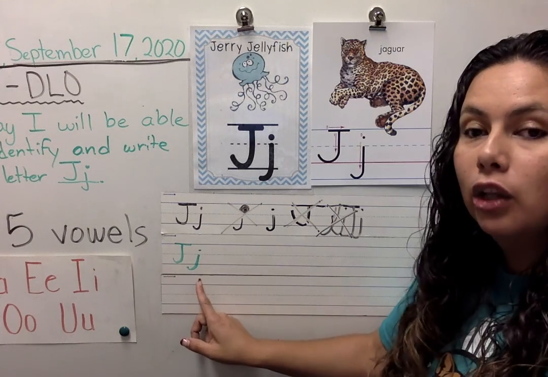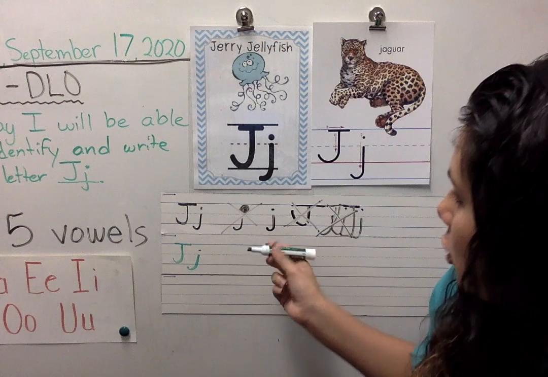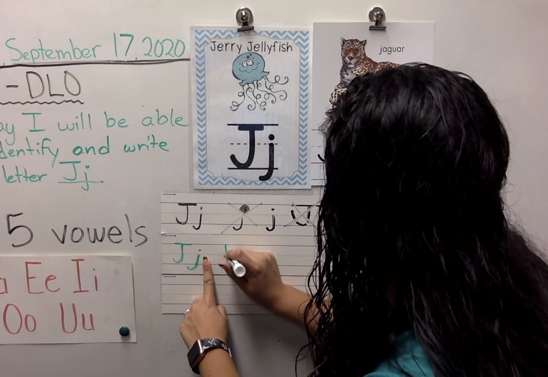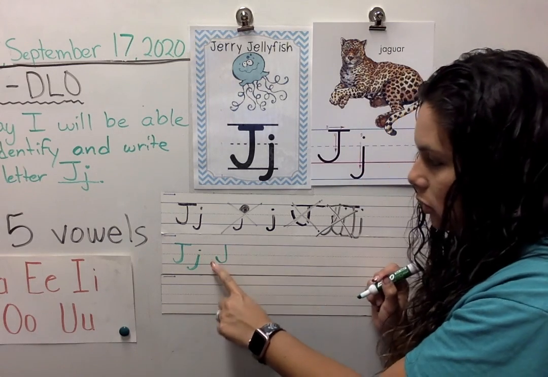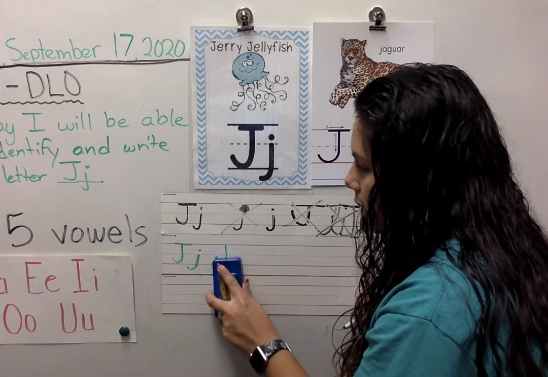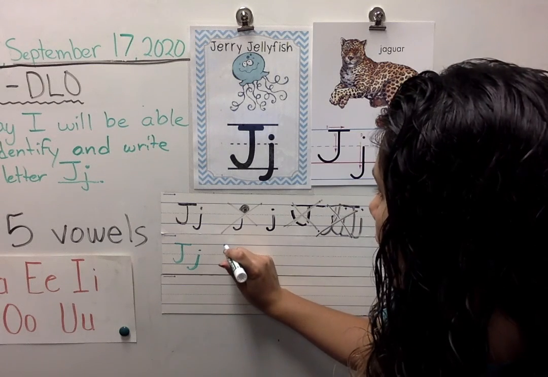Capital J, lowercase j, makes a j sound. I'm going to do it one more time. Space between them. Come down. Oh, look, Miss Mosley got too close to the midline and didn't quite come down. So I'm going to erase it and try again, and that's okay. So I go here.